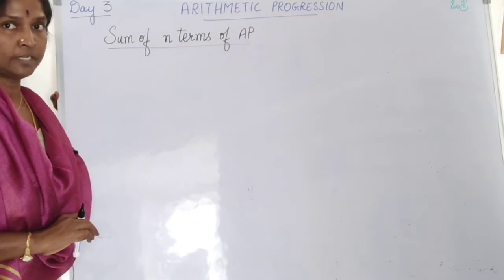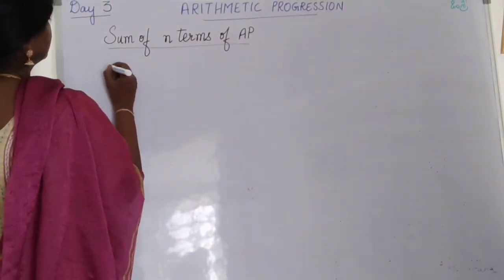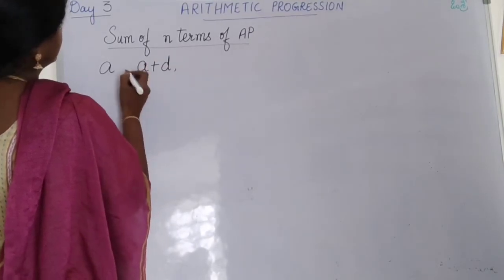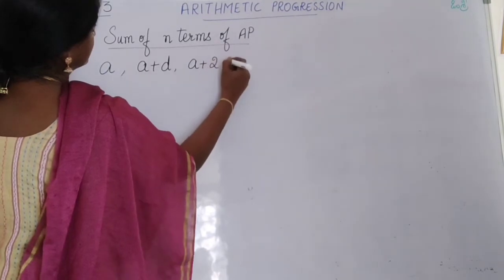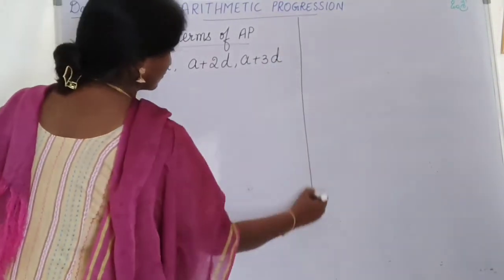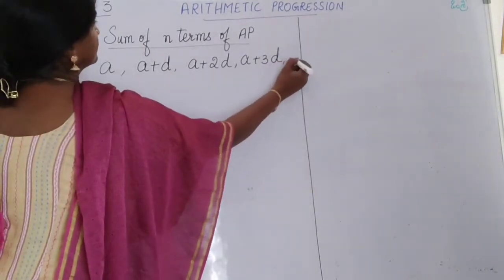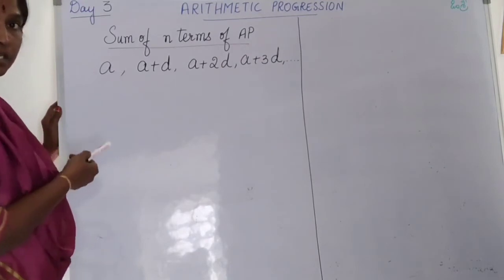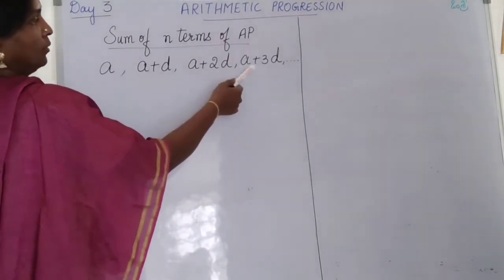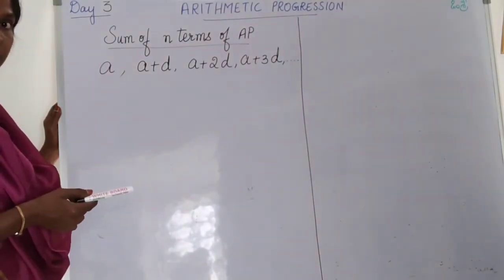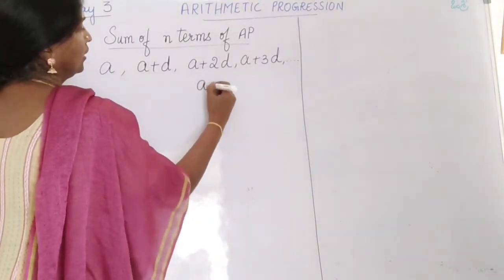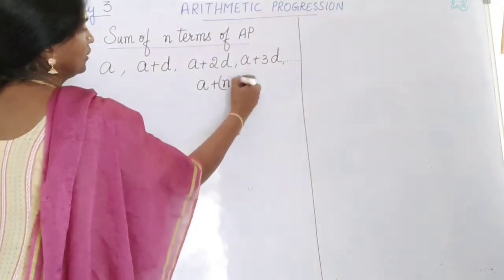So first we need to write the series. Any series of AP is represented by a, a plus d, a plus 2d, a plus 3d and so on, and the nth term, as in the last session where we found the general form of the nth term, is a plus n minus 1 into d.